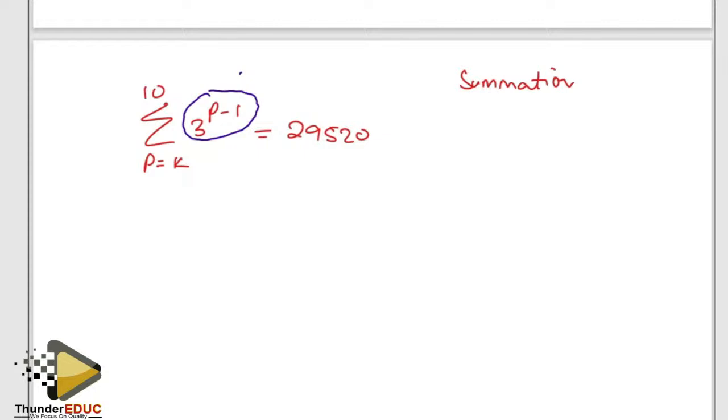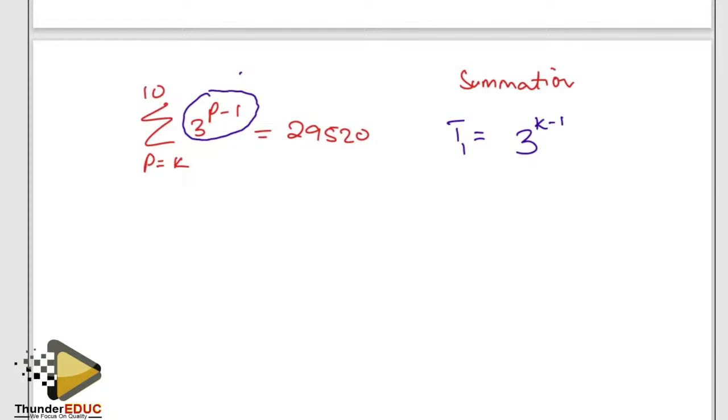In this case, we're dealing with a geometric sequence. So how are we going to play around with this? Number one, I'll need to find my first term. That is when p is equal to k. So T1 is going to be 3 to the k minus 1. That is my first term.